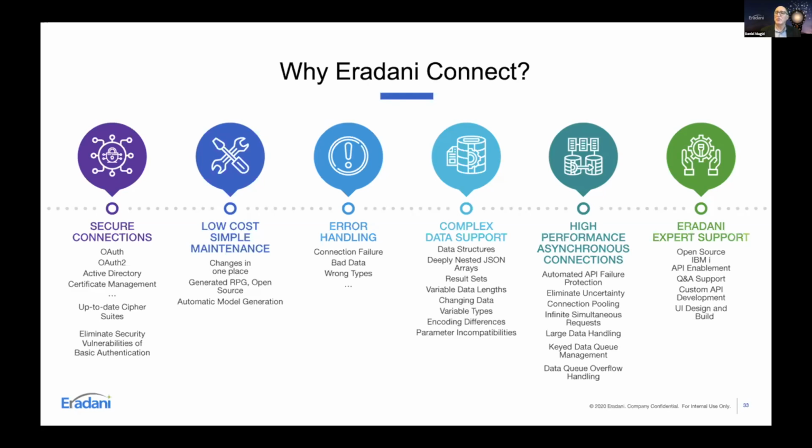Aaron, I'm sure you want to add to that. Yeah, well, I just wanted to bring a real life example to it. There is the example of internal at Eradani, but one point that I wanted to mention is one of our customers in particular, who we've been working on setting up Azure DevOps with. And basically, they're now set up, and they are making APIs using Eradani Connect on their IBM i.